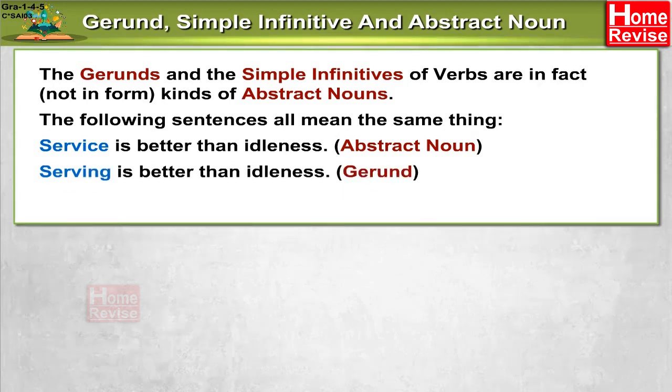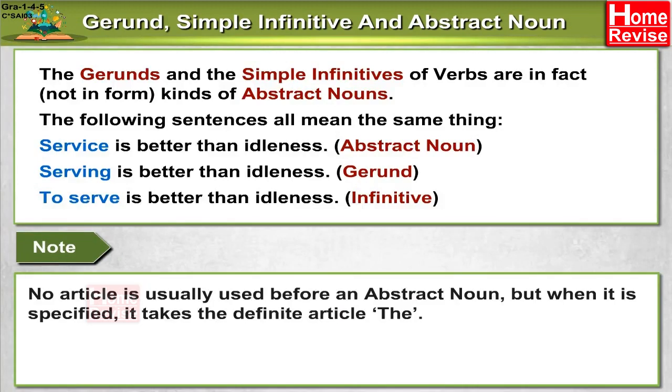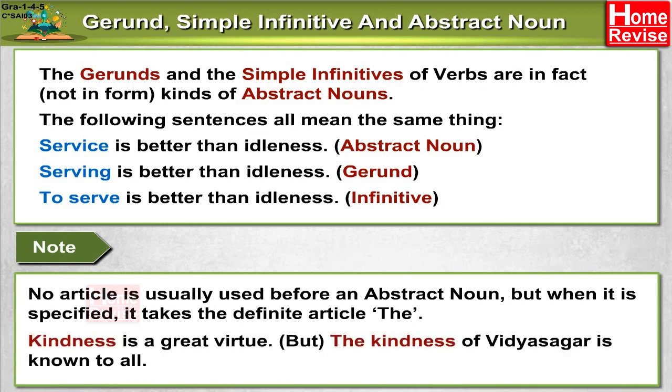Serving is better than idleness. Gerund. To serve is better than idleness. Infinitive. Note: no article is usually used before an abstract noun, but when it is specified, it takes the definite article the. Kindness is a great virtue, but the kindness of Vidyasagar is known to all.